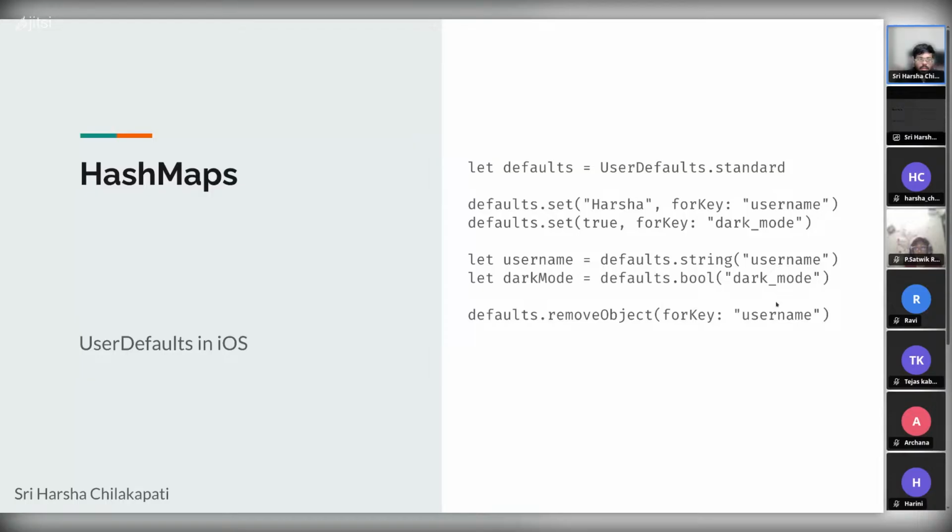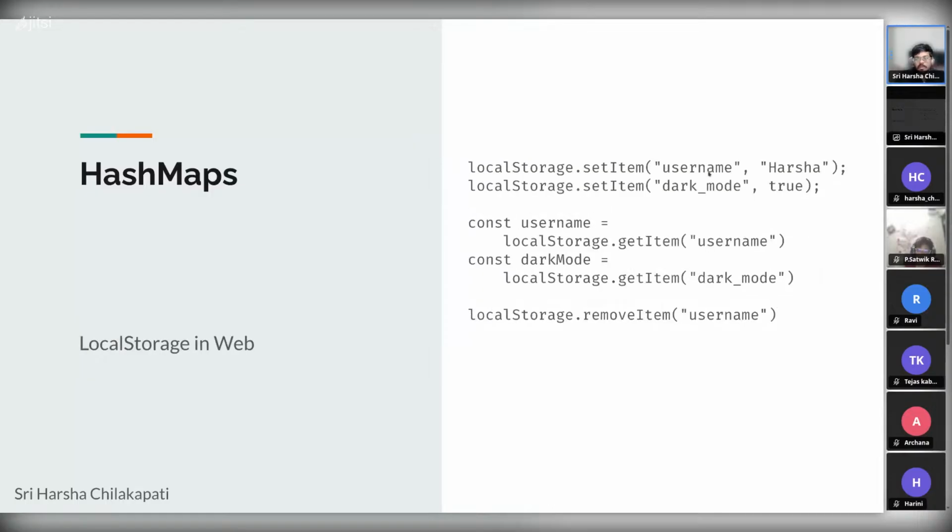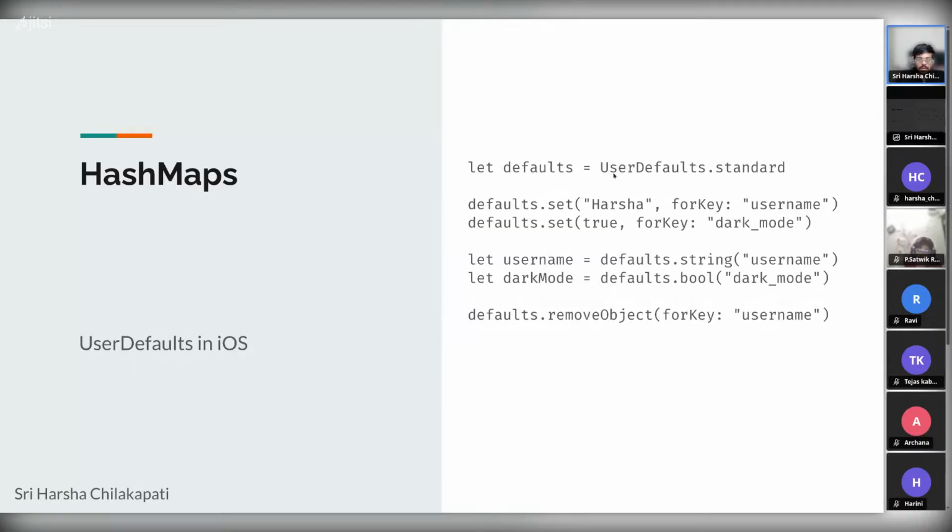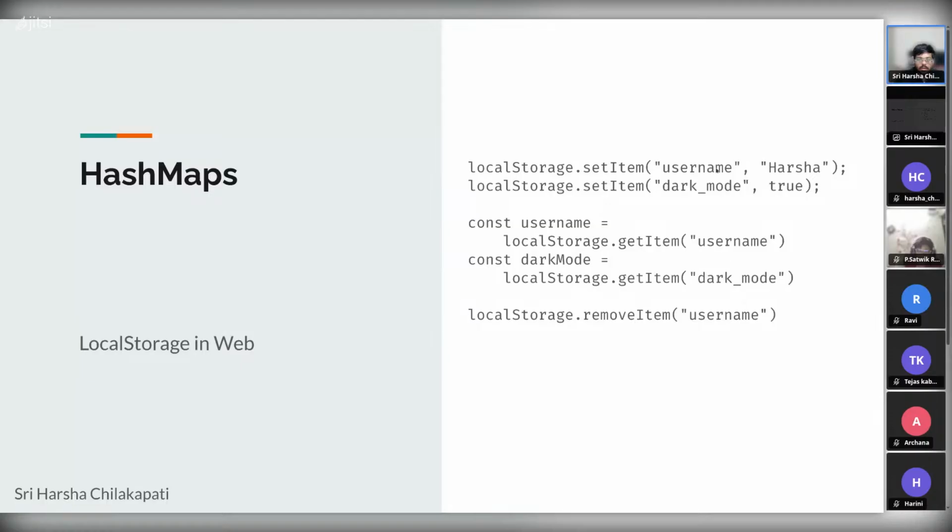Now, for local storage on web, you use the function called set item. So local storage set item, the key and value. And in order to get it, you write a variable equal to local storage dot get item and the key. So everywhere there is this key value pair, and you can remove it using remove item. The concepts are very similar whether it is Android, iOS, or web.